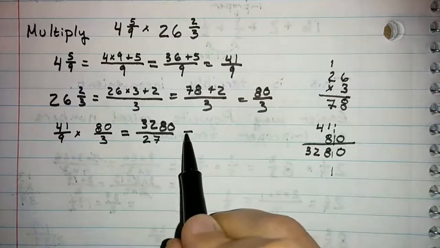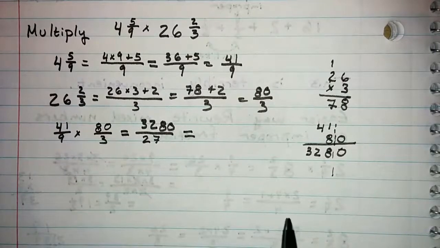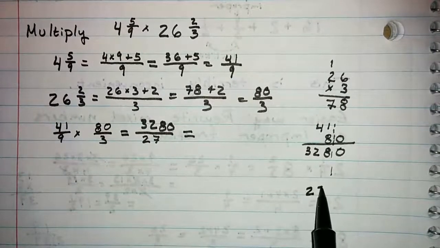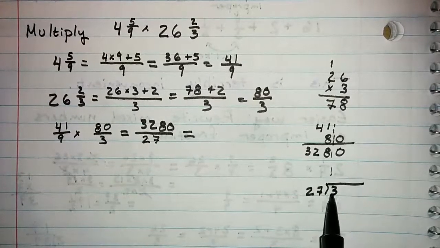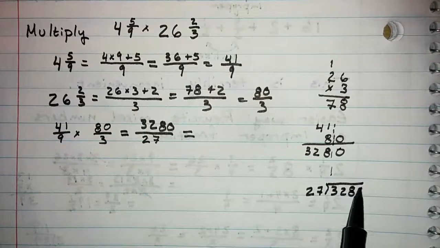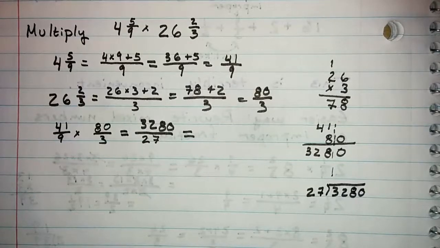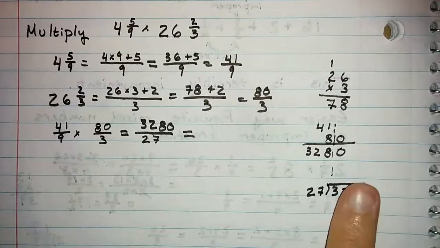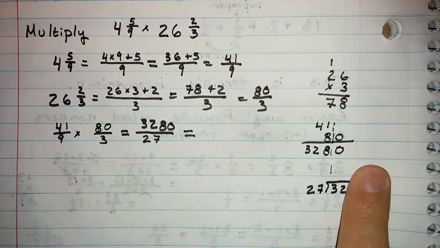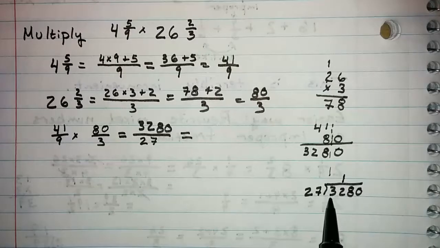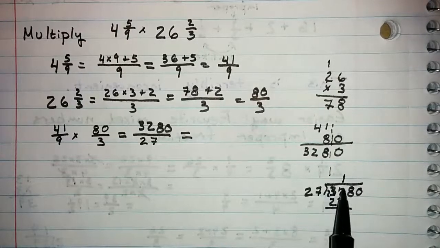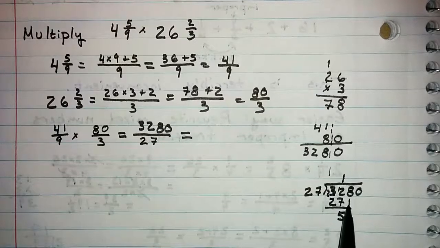But we can still rewrite this as a mixed number by dividing 27 into 3,280. Fear not, right? 27 doesn't go into 3. It goes into 32 once. 1 times 27 is 27. We subtract. 5 remains.